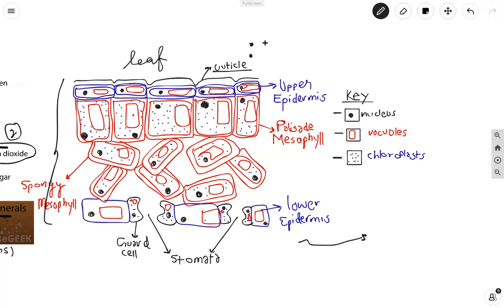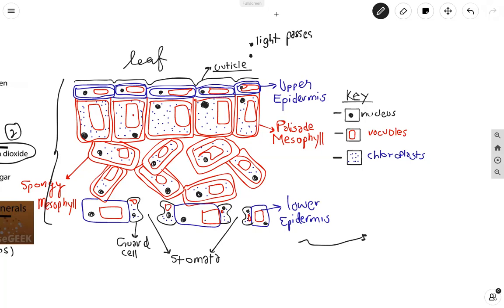The transparency helps light to pass, because we know that light is what we're essentially changing with photosynthesis. We're changing light energy into chemical energy. So of course we'll need light to get to the lower layers, and because the cuticle is transparent, it allows light to pass through.